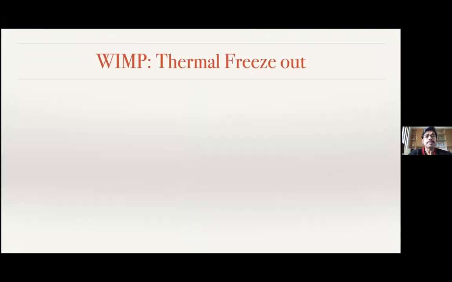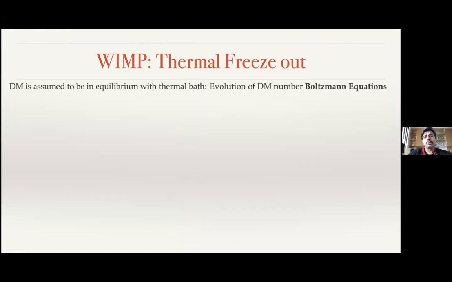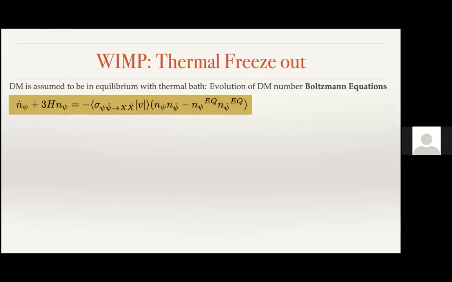particular context. Okay, so before we move to the specific model, let me quickly go through the phenomenology, like the thermal freeze out, what exactly it does in the context of weakly interacting massive particles. In this particular example, we assume that the dark matter had sufficient interaction with the visible sector so that it could be in equilibrium with the thermal bath. And then the evolution of the dark matter number density is given by the Boltzmann equation, which reads like this. n psi is essentially the dark matter number density.